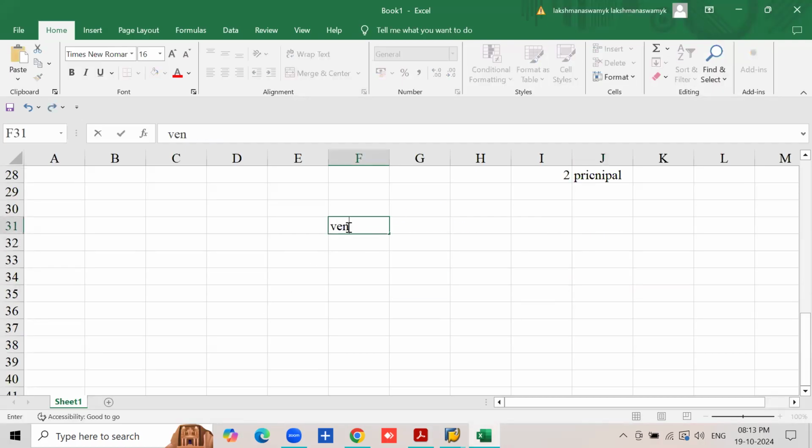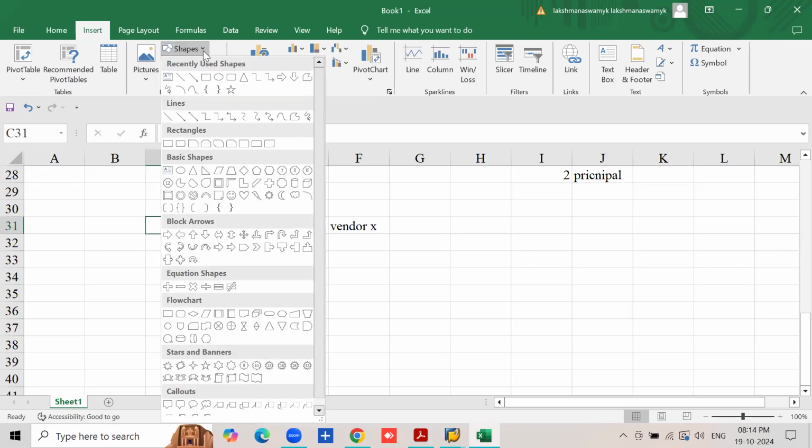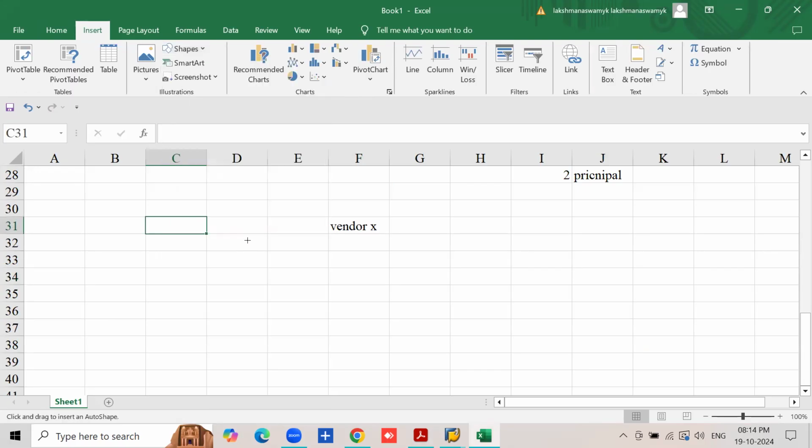Say, for example, we have one vendor X, right? From this vendor, we purchased the materials.